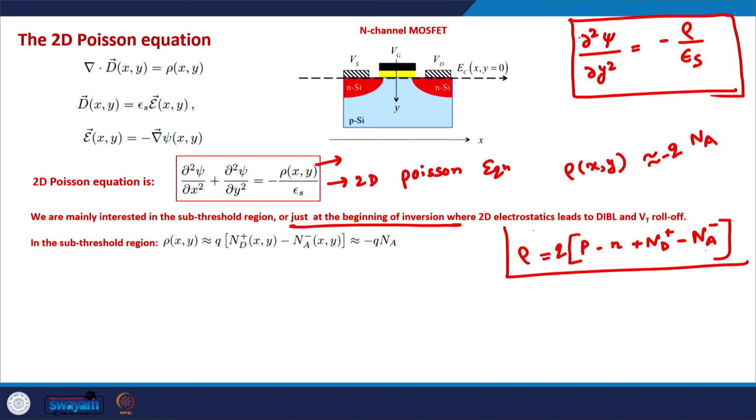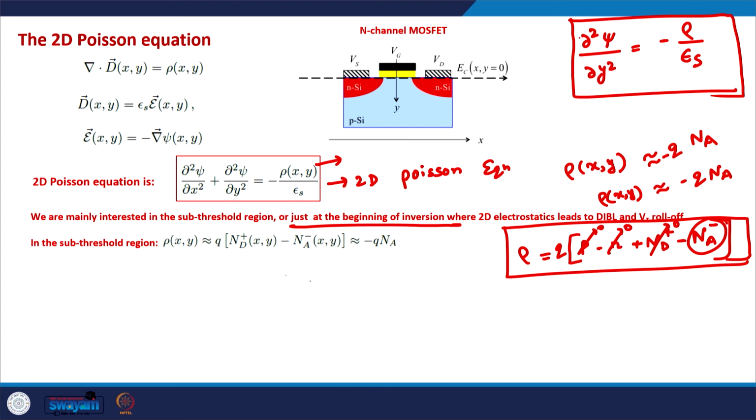So, generally this is the space charge density in the semiconductor, but just at the beginning of the inversion this is 0, this is 0, and we are assuming the p type semiconductor. In that case this is also 0. So, what is left is only this, and we assume the total ionization of the acceptor atoms, which means that this rho(x,y) is equal to minus q Na, because this q Na minus is equal to q Na.